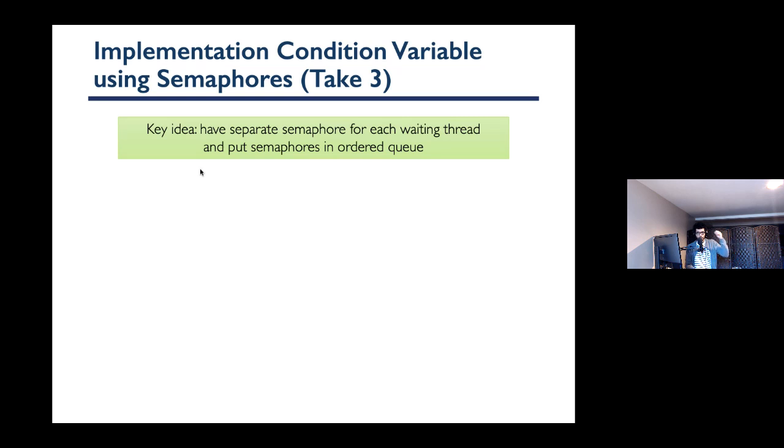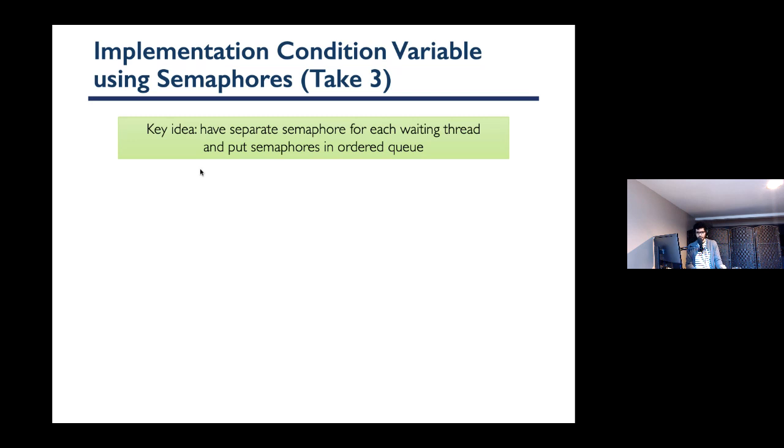If you remember, when we wanted to get rid of the starvation for writers in the reader-writer lock, our final implementation that solved the starvation created a FIFO of condition variables, so that the signals we were sending went to the right person. By putting every thread on its own condition variable and then sorting the condition variables in a FIFO, we were able to implement some sort of order on who gets a signal next.